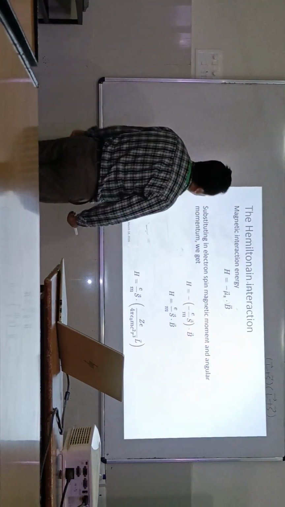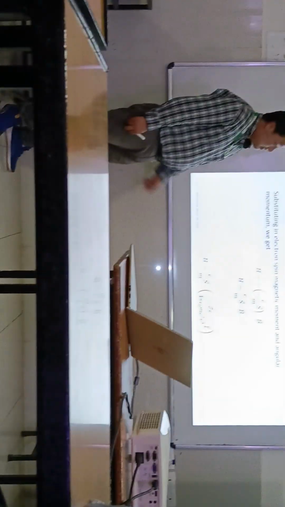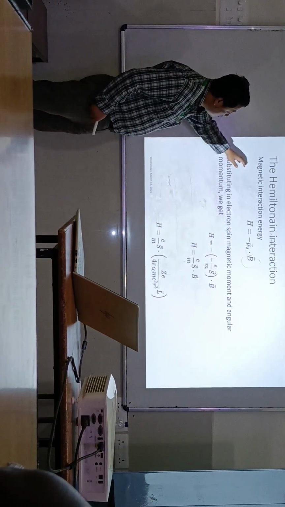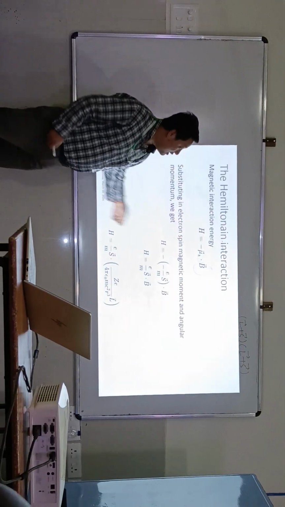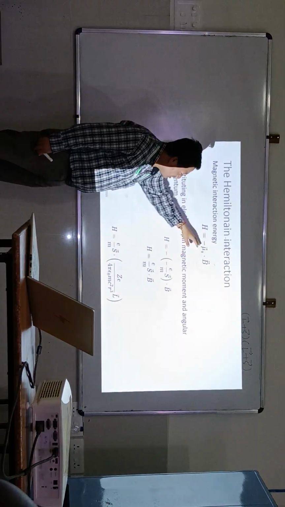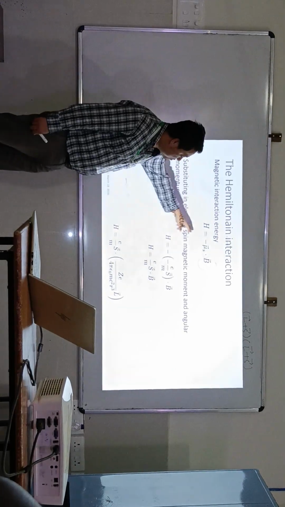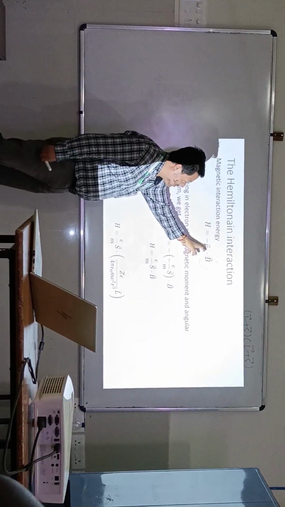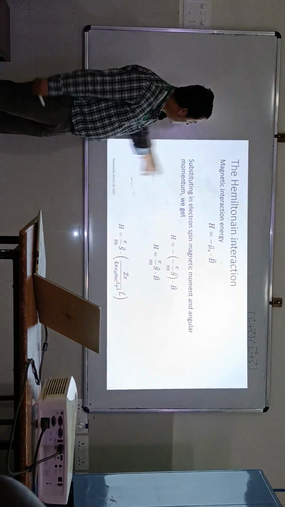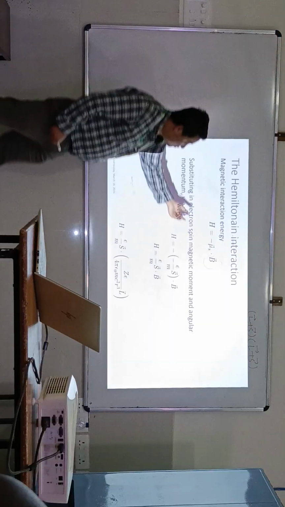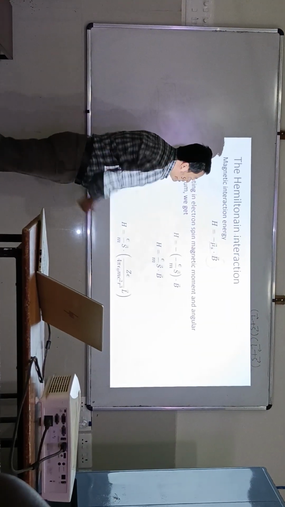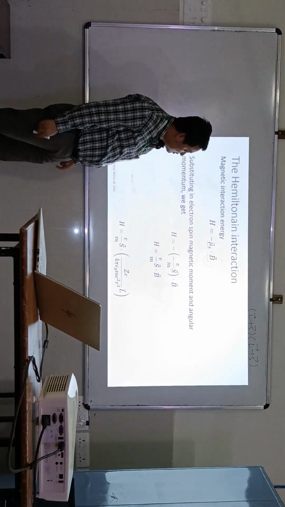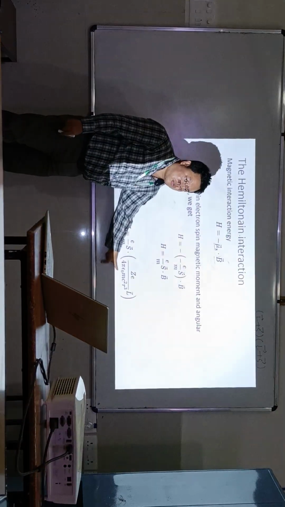Then we use the Hamiltonian interaction for spin orbit coupling. We know the Hamiltonian is given by the product between the spin magnetic moment and the orbital, or internal, magnetic field. When we substitute the values for the spin magnetic moment and the internal magnetic field, we ultimately get this equation.